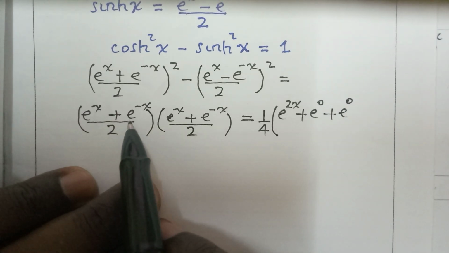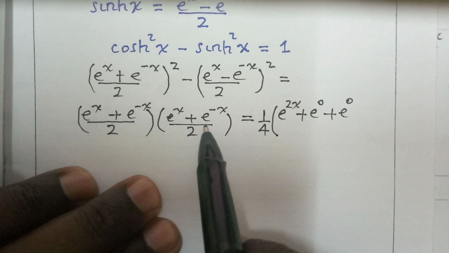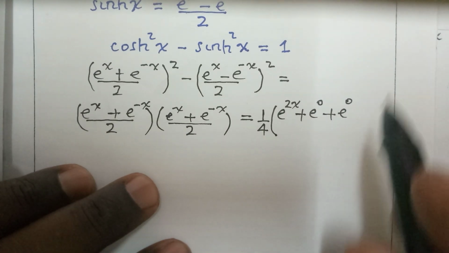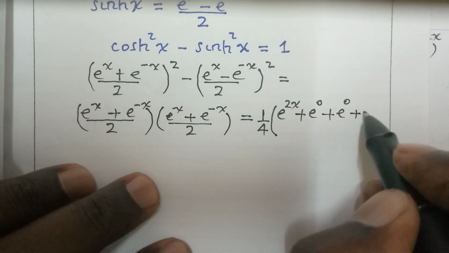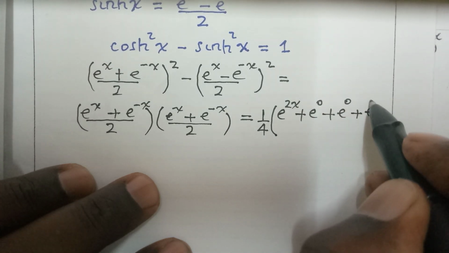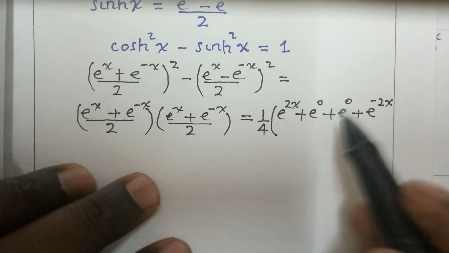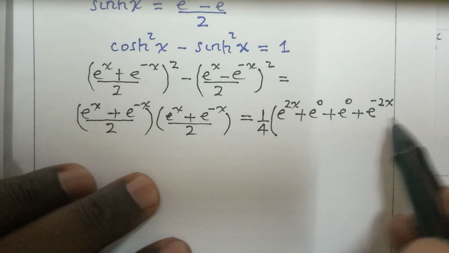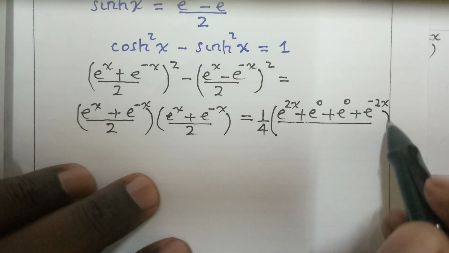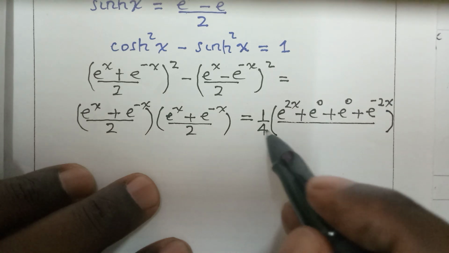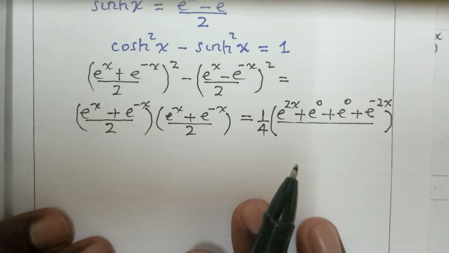And finally, e raised to negative x multiplied by e raised to negative x gives us plus e raised to negative 2x. Maybe we can put this over 4, but it is okay even how it is.